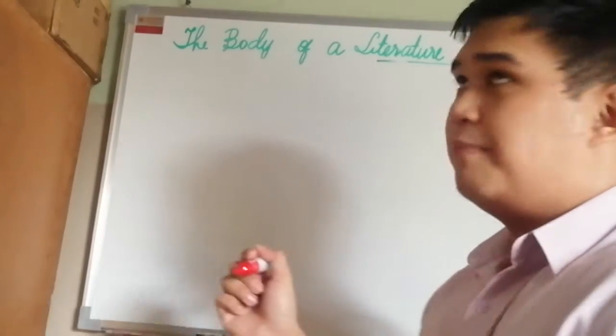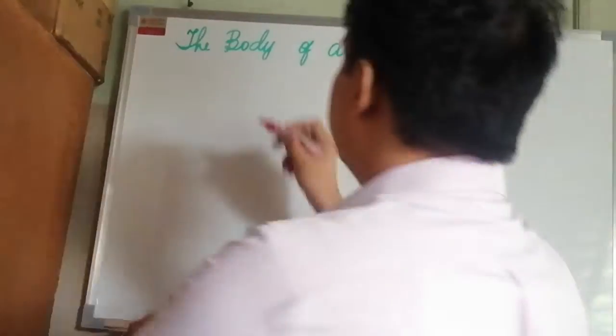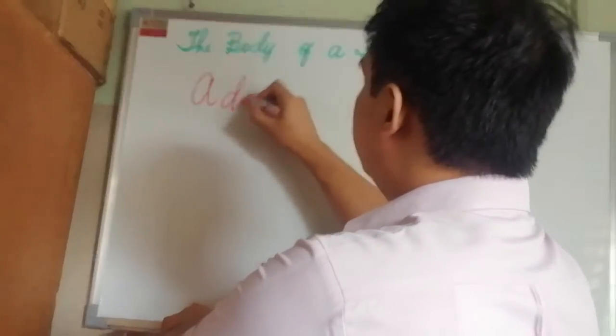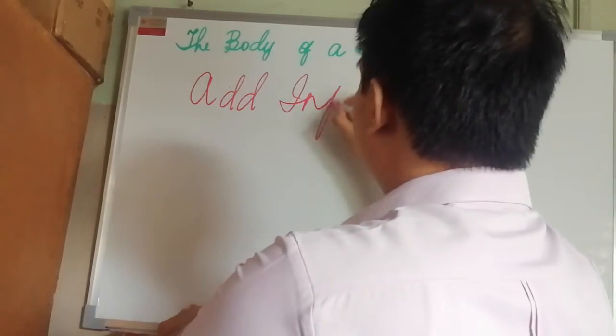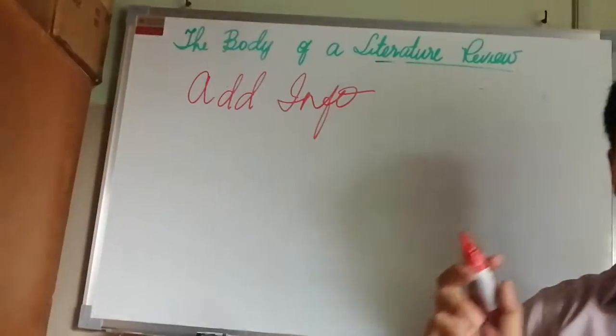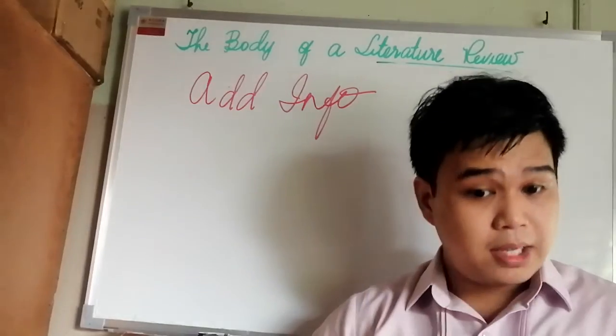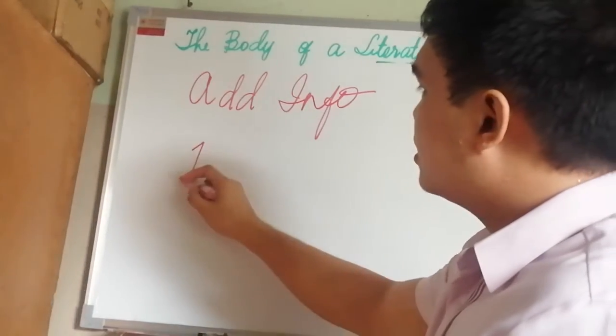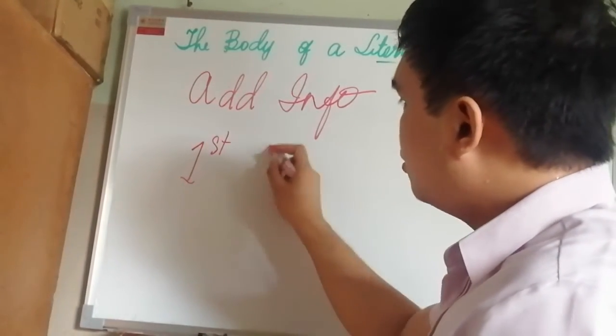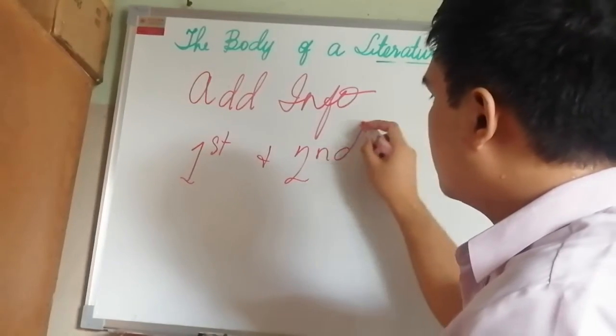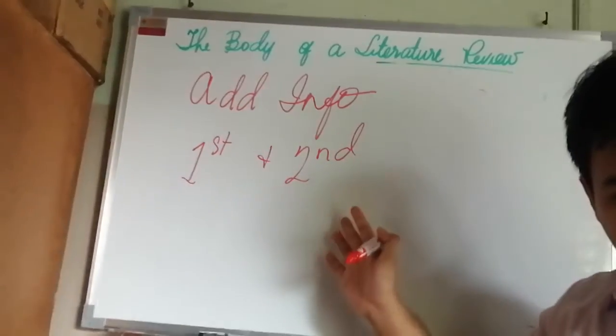So, halimbawa, you want to add information. When you want to add info, it means your first sentence and your second sentence, are they friends or not?